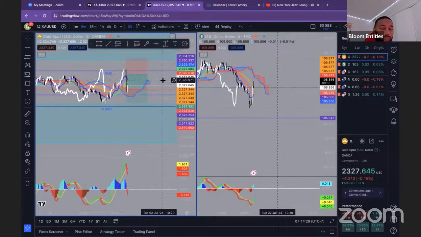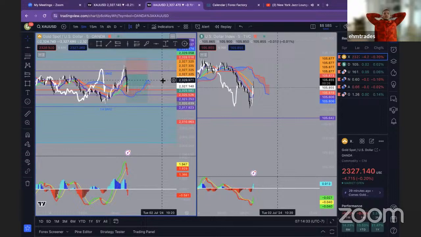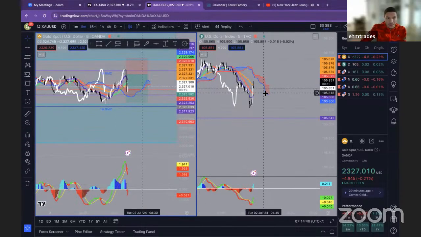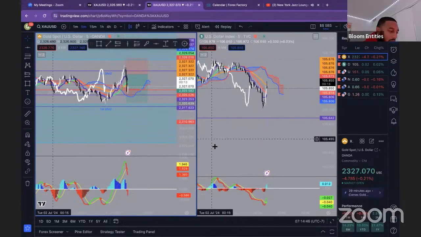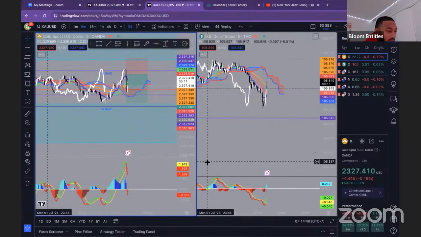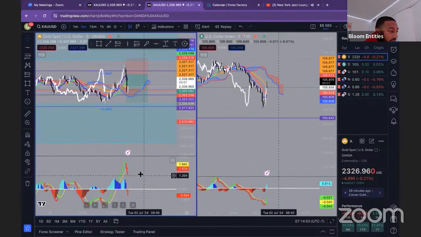Still in my position here, with a little retracement, not too significant. I'll wait for it to get back down to about 23, 24. There's still a long way to go, and our relativity on the dollar and XAUUSD is back to neutral.